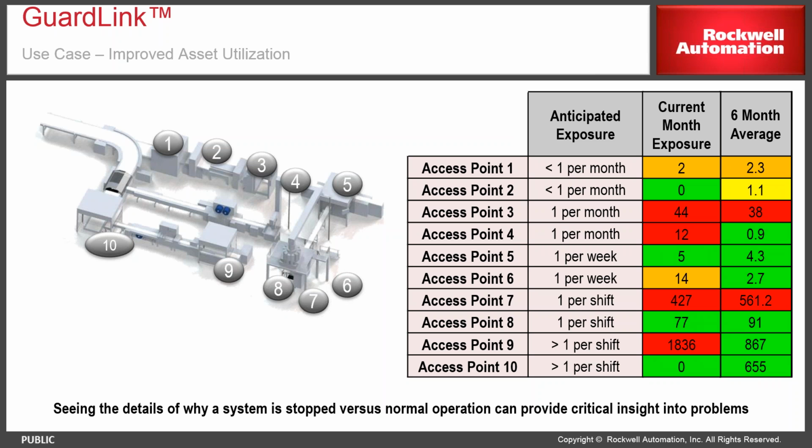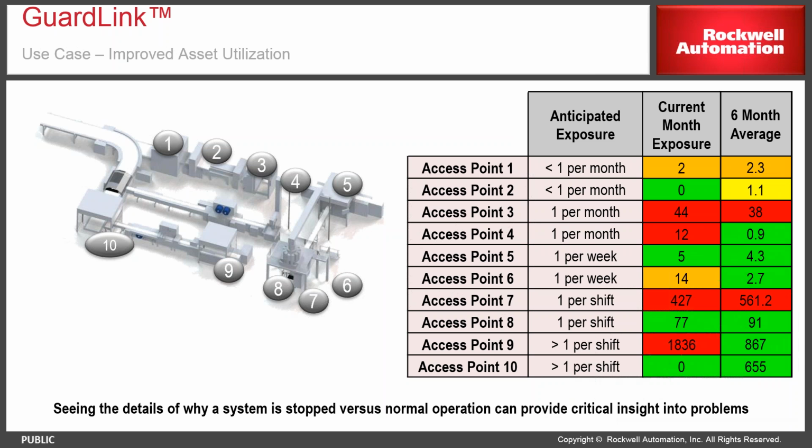So for example, for access point 1, the anticipated exposure is less than 1 per month, or maximum 1 per month. But by tracking the access to that particular area, we are able to calculate that the exposure this month was 2 and the 6-month average is 2.3. So by capturing the trends and by doing some analytics on the data, we are able to get this information: what is the current month exposure and what is the 6-month average.